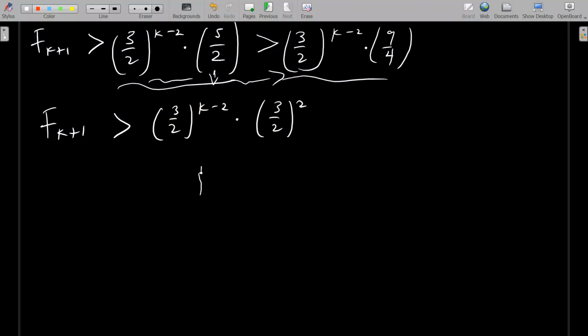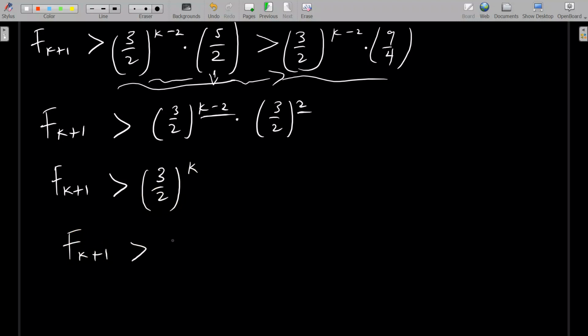So it means f sub k plus 1 is greater than 3 over 2 with the powers k minus 2 and 2. If I sum them using indices, that's going to give me k, right? So this is true because this power that I have here is the same as k plus 1 minus 1, right?